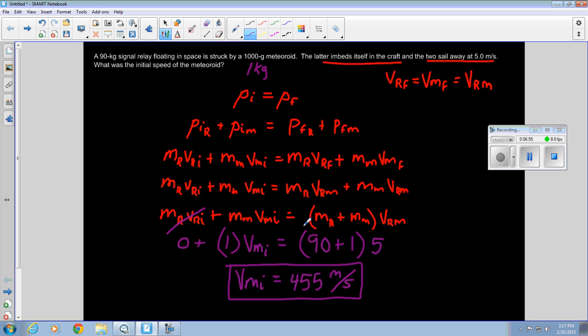You have to keep in mind the direction of your velocity. Momentum is direction aware. So there's an example. Hopefully it'll help you with the other perfectly inelastic collisions.